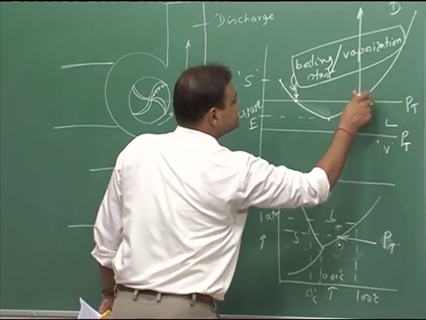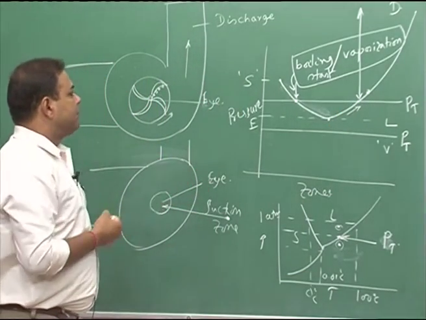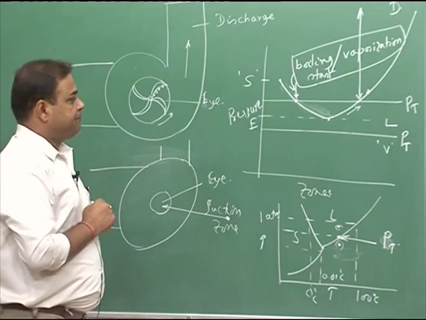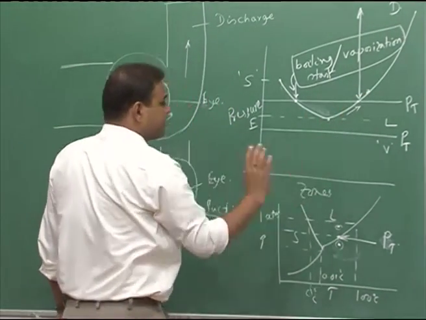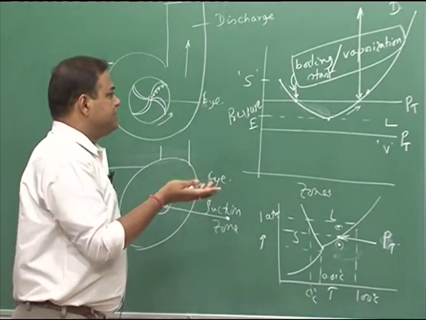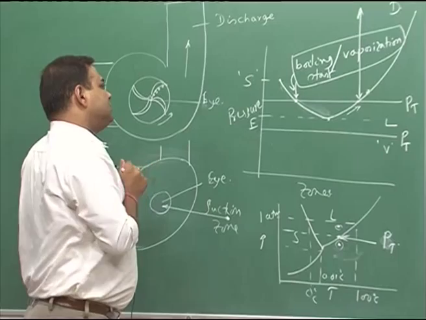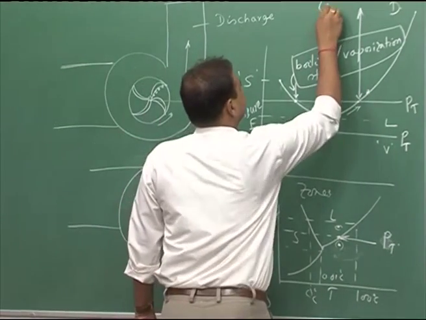So, above that, once it goes to this level, then the boils or the bubbles will try to collapse, because at this position the equilibrium condition is that liquid would be stable, vapor will be unstable, and the vapor would try to go to the liquid phase. Now, there we have collapse.